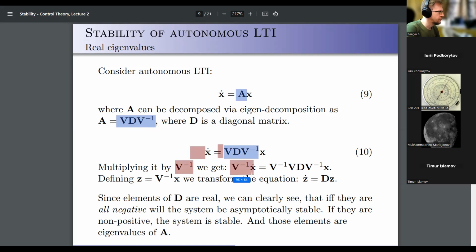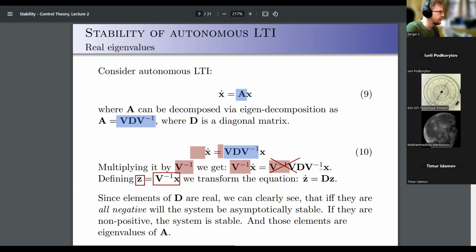And what we notice is that we can cancel this part out, V inverse, sorry, not pseudo inverse, V inverse. And then we can make a substitution, Z equals V inverse X. Let's define a new variable, which is equal to V inverse times X.